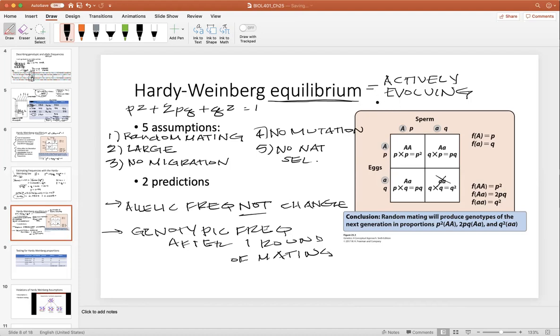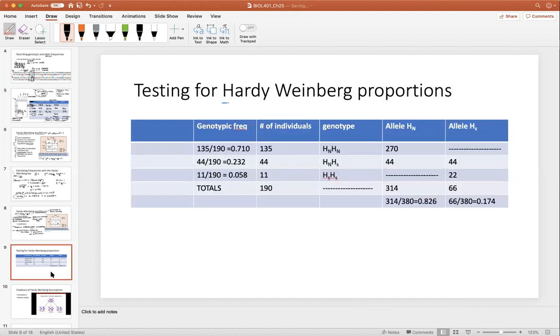And if our observed is different than our expected, then we know that something funny is going on, and it's probably one of these 5 things. Okay, so we can use this equation to tell us whether or not changes are happening. Now, this should sound somewhat familiar when you're trying to figure out whether your observed data matches your expected data. We did a lab like this, where we did something called a chi-square analysis to look at observed versus expected data.